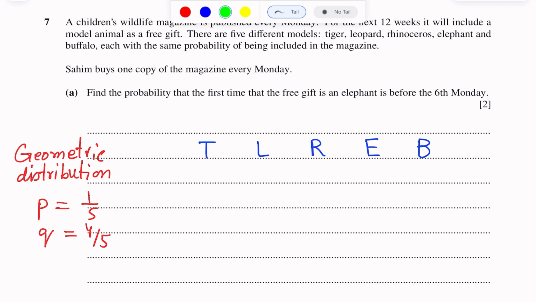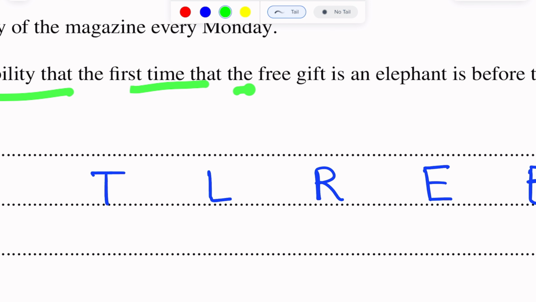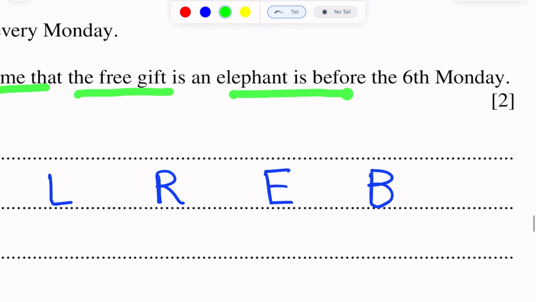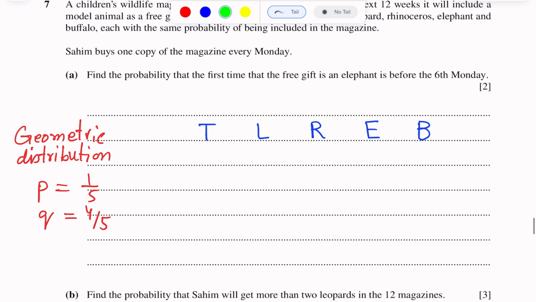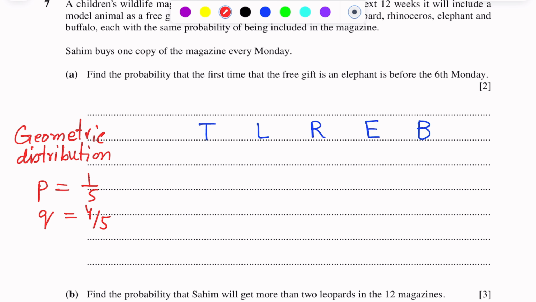We have to find the probability that the first time that the free gift is an elephant is before sixth Monday. Before the sixth Monday means we have to find the probability of X less than 6.